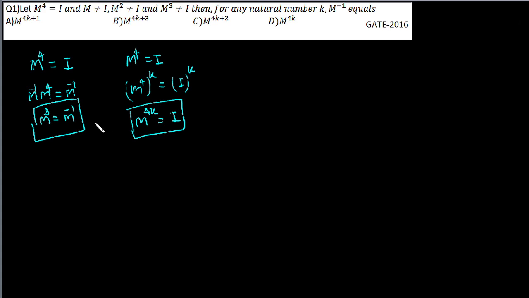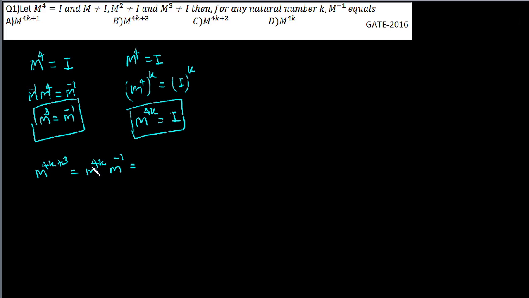Okay, so now let's multiply this equation with M to the 4k. On the left hand side we have M to the 4k plus 3. On the right hand side we have M to the 4k, and this M inverse remains as it is.